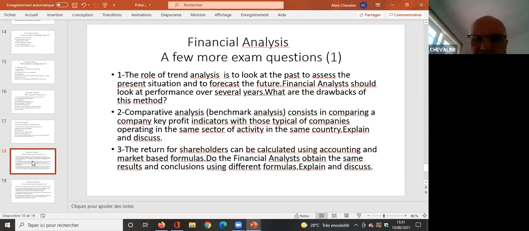Okay. What do we do in order to improve this approach? Several things. The first one, we use averages. This is the idea of trend. What is the trend of each ratio according to the last accounts? So we can calculate one of them and make the average between the past 3 years.